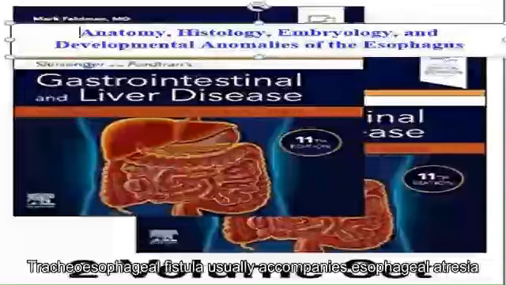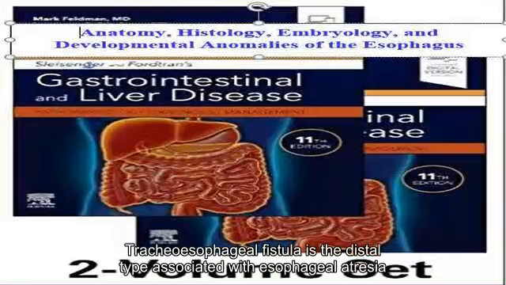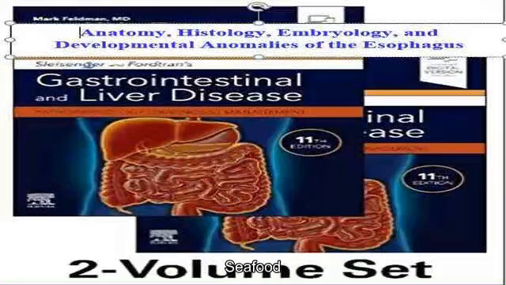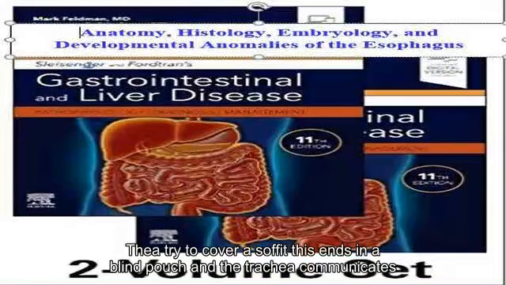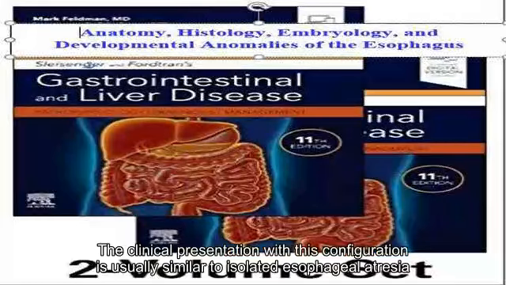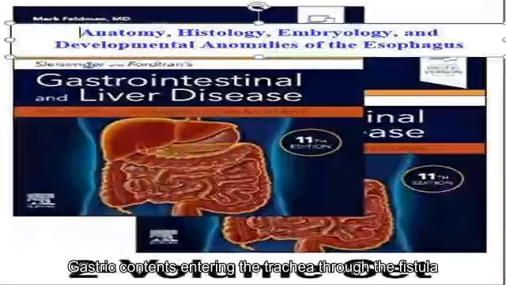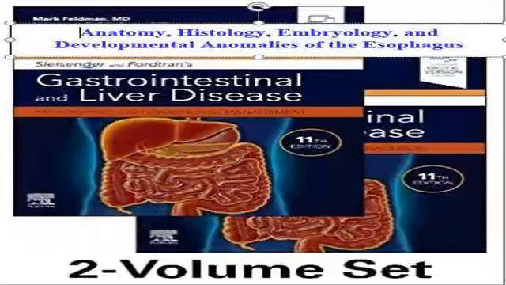Tracheoesophageal fistula usually accompanies esophageal atresia. The most common type of tracheoesophageal fistula is the distal type associated with esophageal atresia, see Fig. 43.7b, 16. In this type, the atretic upper esophagus ends in a blind pouch and the trachea communicates with the distal esophageal segment. The clinical presentation with this configuration is usually similar to isolated esophageal atresia, with the additional risk of aspiration pneumonia from refluxed gastric contents entering the trachea through the fistula, see Table 43.2.